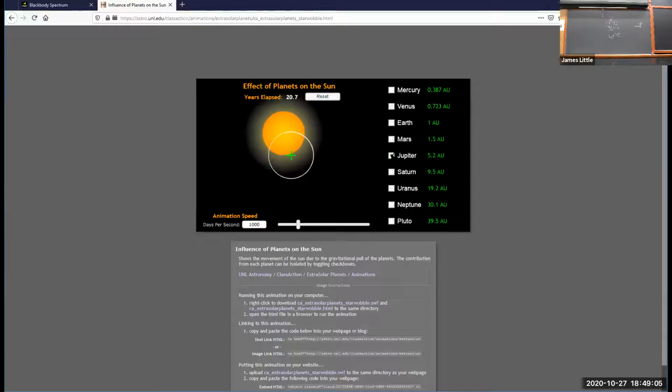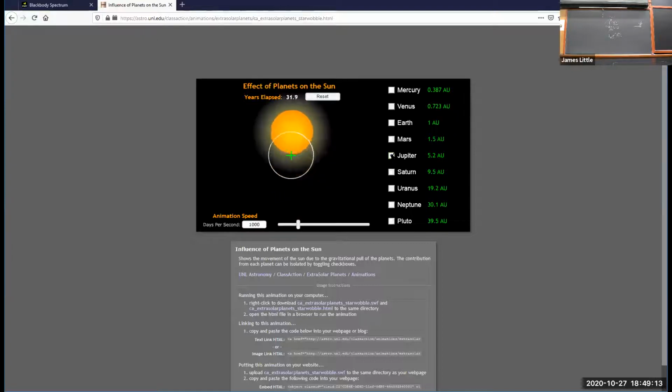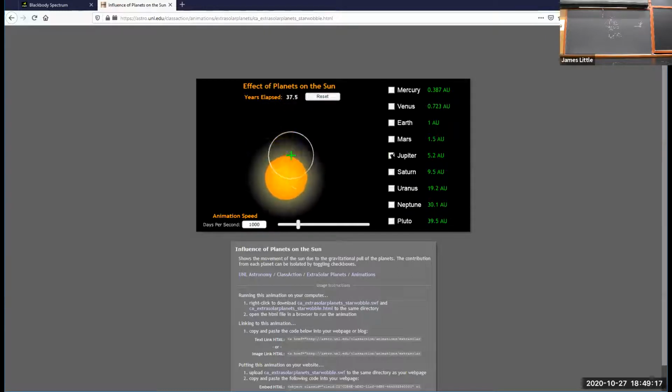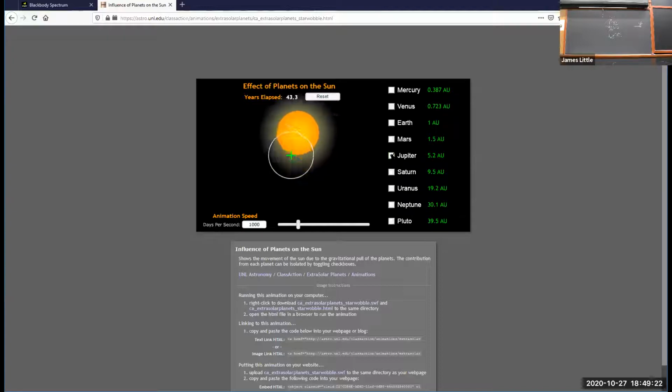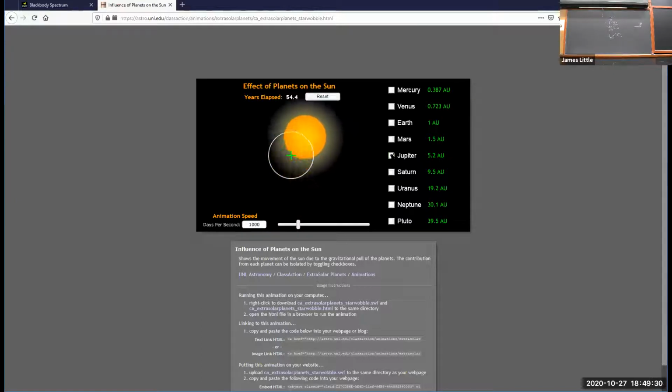So if we were in a distant star system, looking at our star Sol, we would be able to detect Jupiter pretty easily because Jupiter is wrenching the sun around in a circle. Now, the sun's doing a lot more to Jupiter than Jupiter is doing to the sun. The sun holds Jupiter in an orbit, but that's still a noticeable motion.